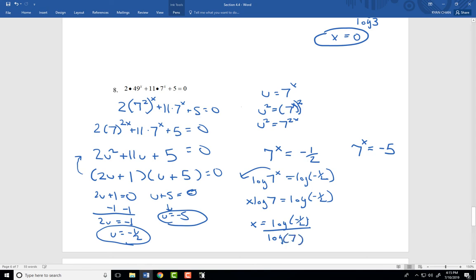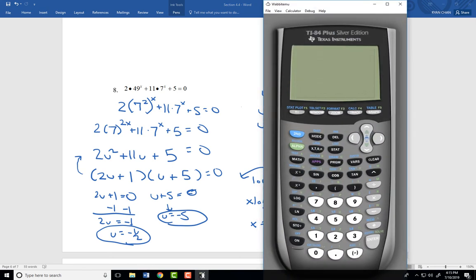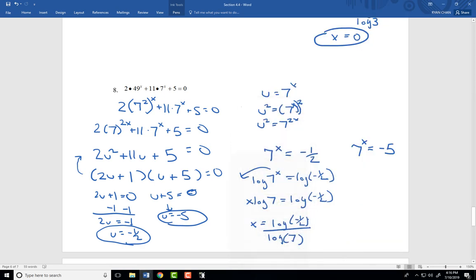And if I divide this, I can clearly see it doesn't work. The reason why is you cannot have log of a negative number. It does not exist outside of your domain.